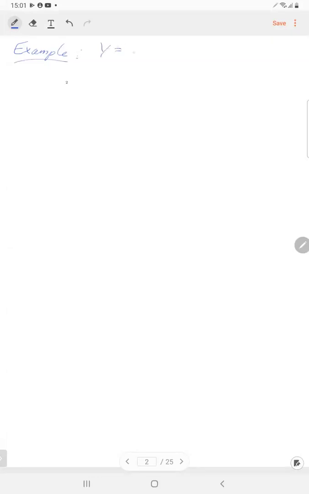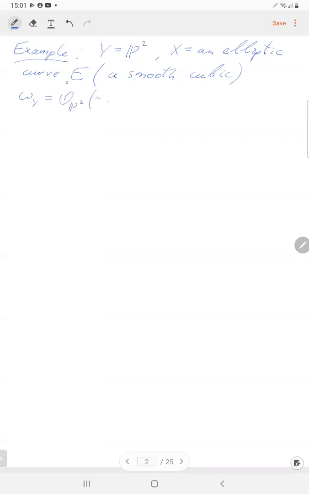So we take Y just the projective plane, and X an elliptic curve, a cubic curve, in other words a smooth cubic. Then we calculated at the end of the last lecture omega Y. This was O_P2 of negative what?